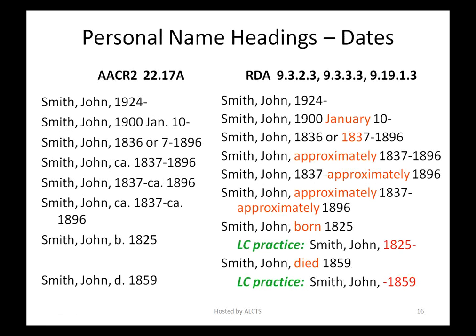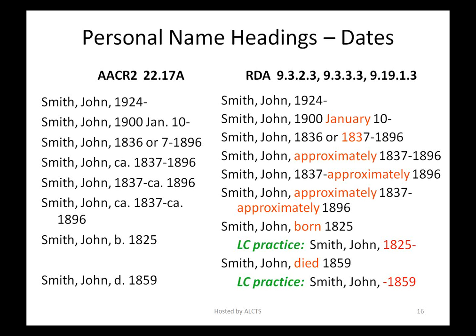A little bit about dates in personal headings. I'm showing here the actual AACR2 forms from 22.17A and what they would look like in RDA. So in some cases there's no change, and in other cases we have changes. Now from last week you'll remember that we don't like abbreviations. So months will no longer be abbreviated and will be spelled out.